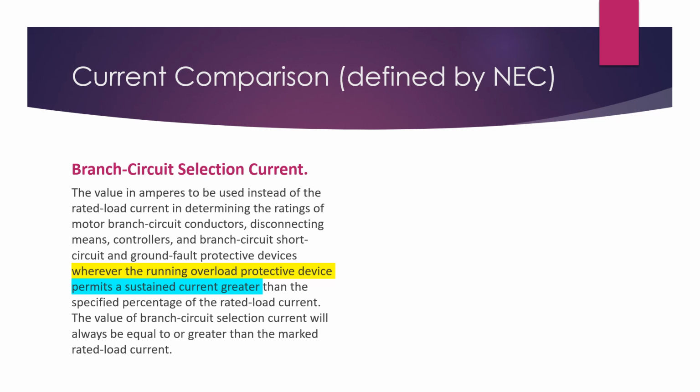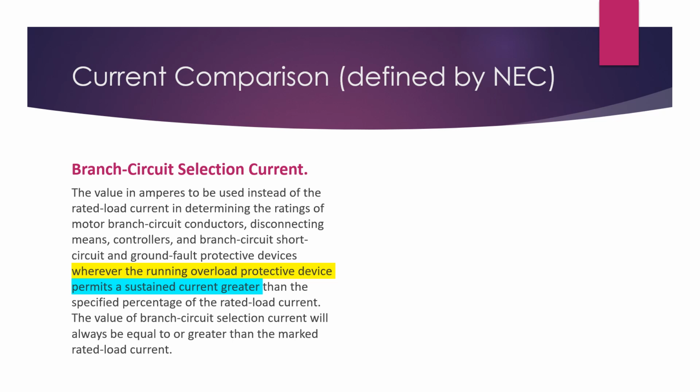This is the value in amperes to be used instead of the rated current in determining the ratings of motor branch circuit conductors, disconnecting means, controllers, and branch circuit short circuit and ground fault protective devices, wherever the running overload protective device permits a sustained current greater than the specified percentage of the rated load current.